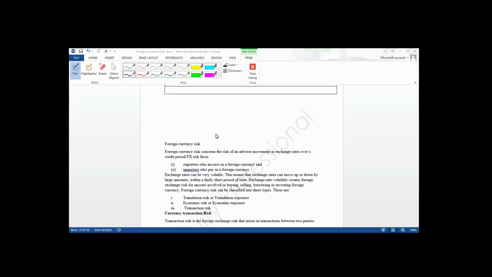The exchange rates can be very volatile, meaning the exchange rates can move up and down by large amounts within a short period of time.